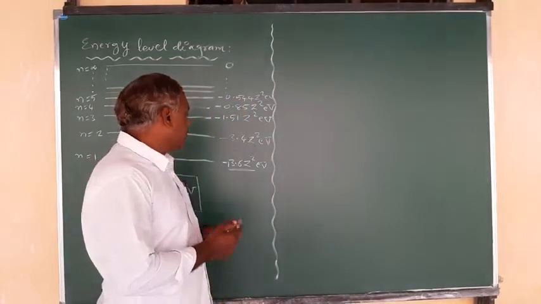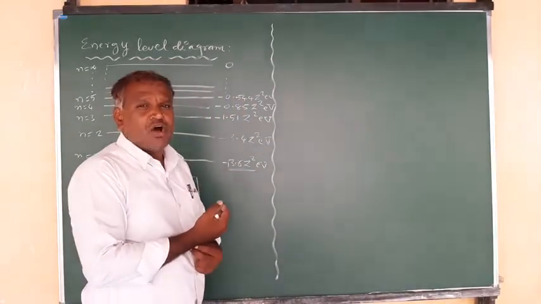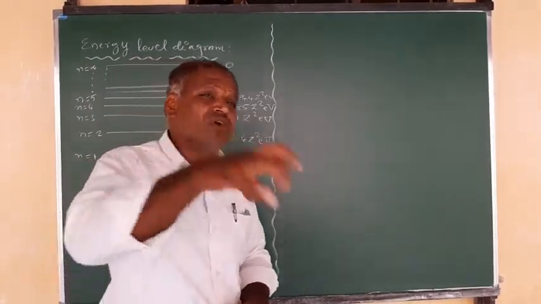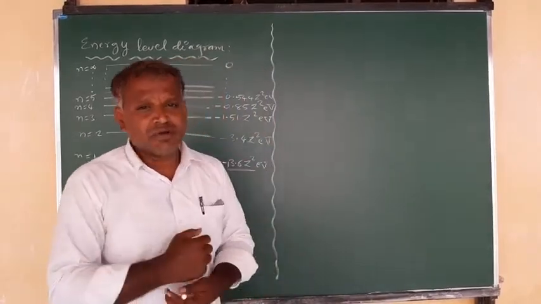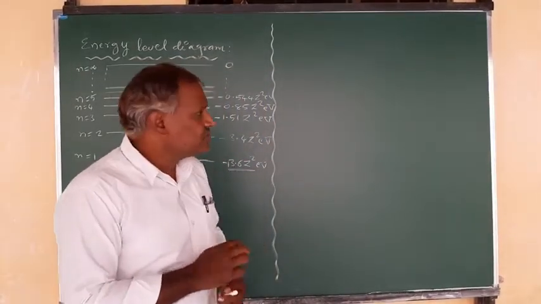Therefore, to remove that electron from the ground state in the hydrogen atom, how much energy is required? That energy is nothing but 13.6 electron volts, which you have to provide for that electron to come out of the hydrogen atom. That energy is called the ionization energy.